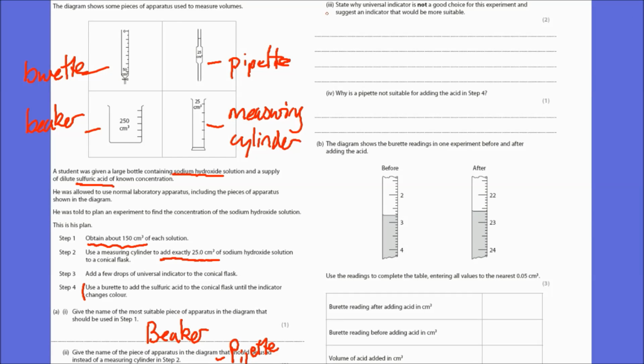The third question is about the choice of indicator for this reaction. Now, universal indicator is not a suitable indicator for a titration, and that's because universal indicator has a whole range of colours it turns. When you're doing a titration, you want a very specific colour change at one particular point. So phenolphthalein is an excellent indicator.